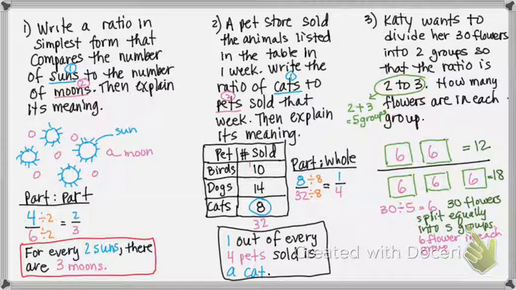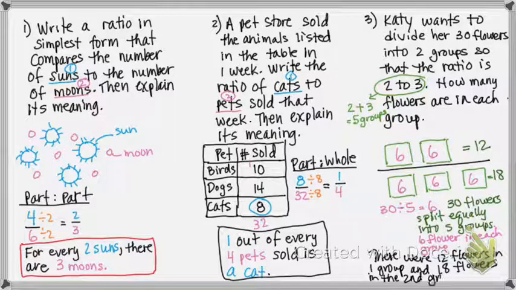Now, when I look at my 2 answers, I would say there were 12 flowers in one group and 18 flowers in the other group, or I could say in the second group. Now I know that's kind of the tough one, and we'll talk more about this in class. All right, good luck, guys. Bye now.